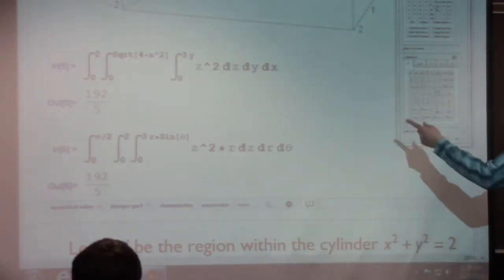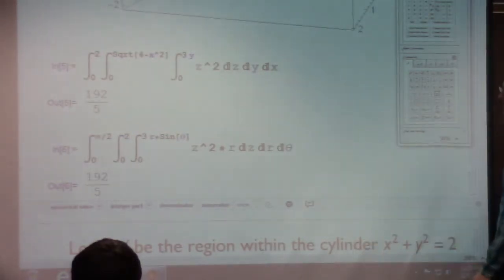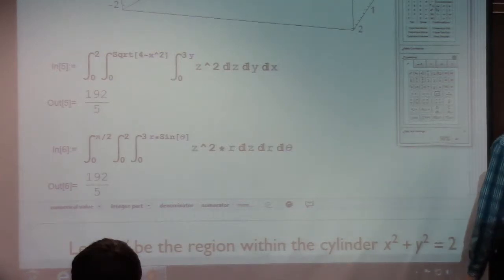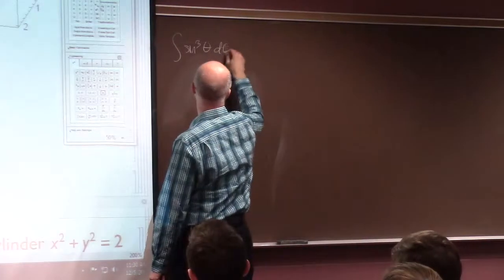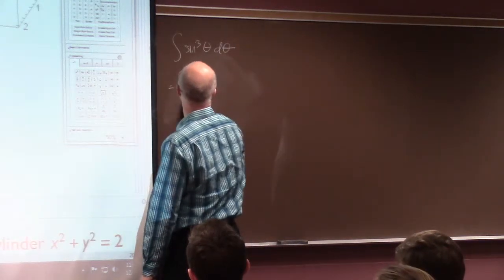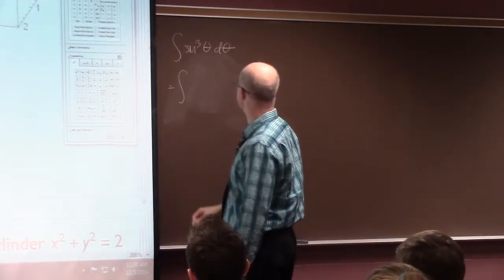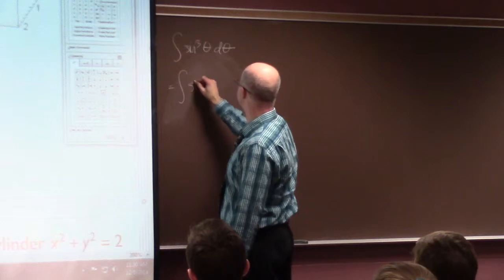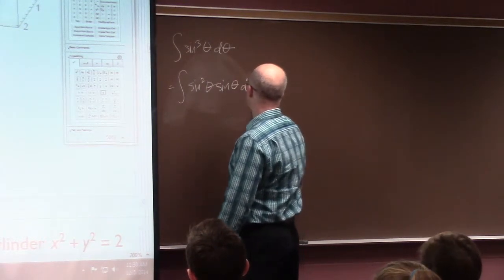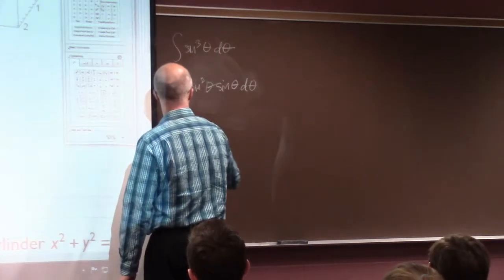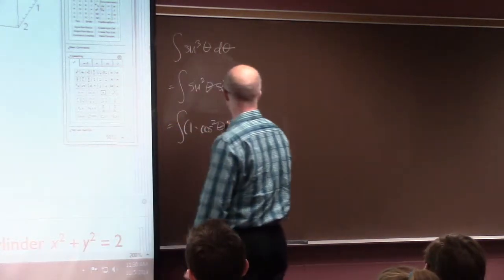Integrating sine cubed is ultimately what you'd have to do at the very end, the very outer integral. Let's think about an antiderivative of sine cubed. I did talk about this the other day, actually. But let me be a little bit more specific. Think of sine cubed as sine squared theta times sine theta. Replace sine squared theta with 1 minus cos squared theta.